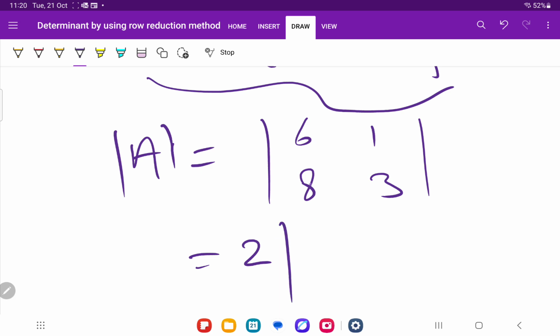So 2 could be taken out. So 3 4, and 1 3 will remain the same, the main point. The second column will remain the same, and we are considering a common from the first column only. So in a determinant, a column or row could be affected, but in a matrix all the entries will be affected. That is the key point.